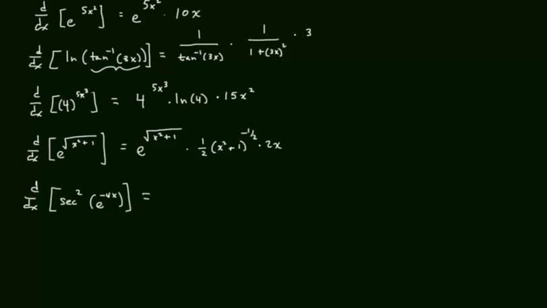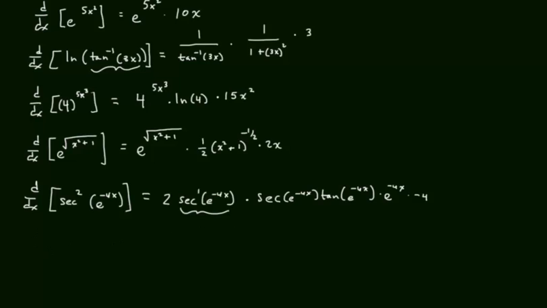Pause. 2 times stuff to the 1 power, times the derivative of this stuff, which is secant little stuff tangent little stuff, times the derivative of the little stuff, which is e to the tiny stuff, times the derivative of the tiny stuff, -4.